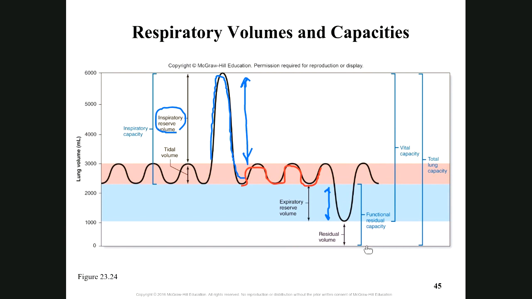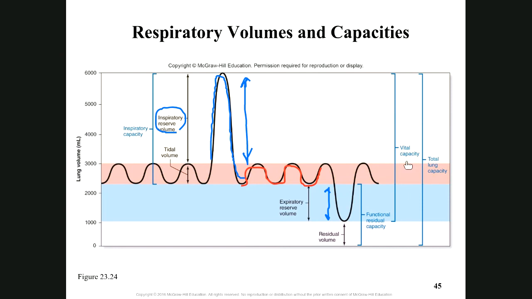The other capacity is called functional residual capacity. This is the sum of expiratory reserve volume plus the residual volume. It is the volume of air that is normally left in the lung after a quiet expiration. And the other capacity which we have here is called vital capacity.